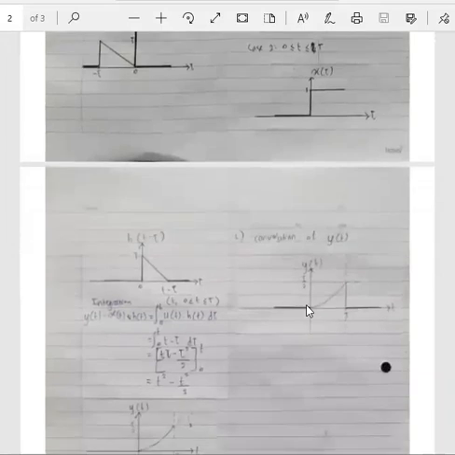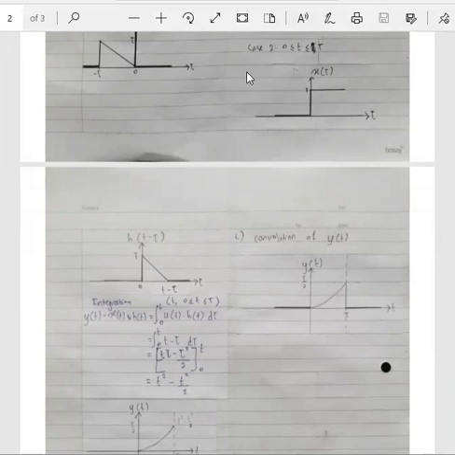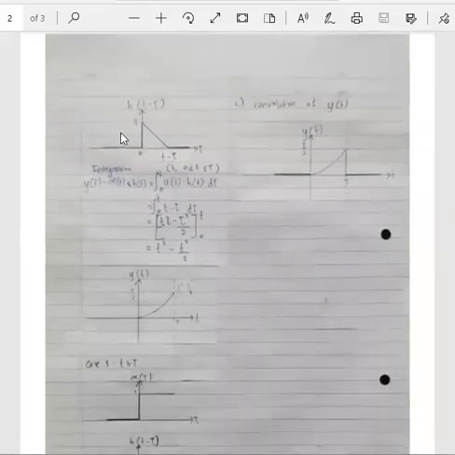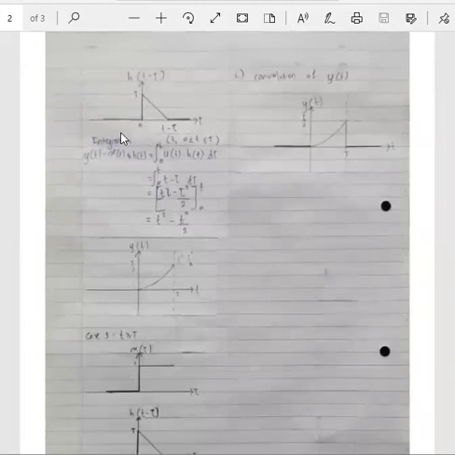Then we come down to case number 2, which is 0 is less than or equal to t is less than or equal to t. In here, x(tau) is still the same and h(t minus tau) is also still the same. But now we have to do an integration because we do have a range of values. So we do the integration from 0 to t.